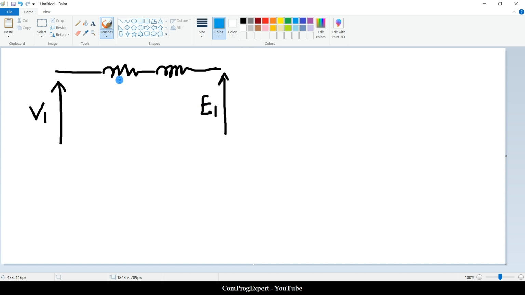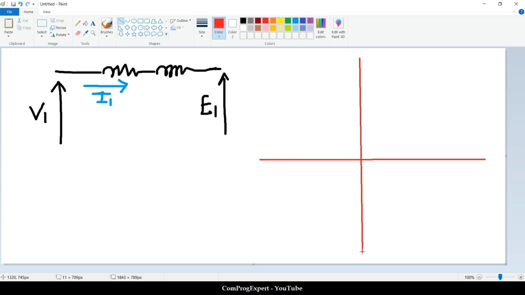This is the current, I1. So you know that this is the XY plane, the complex plane. This is the real axis and this is the imaginary.